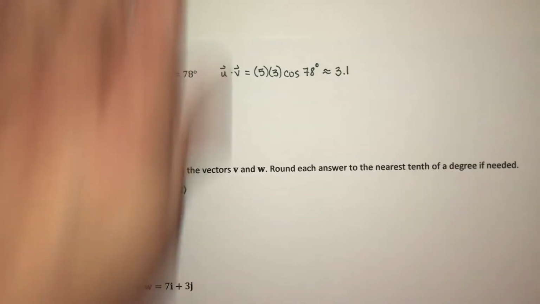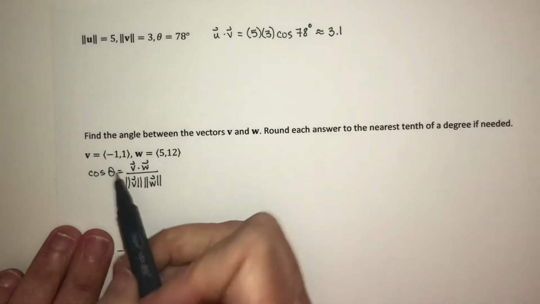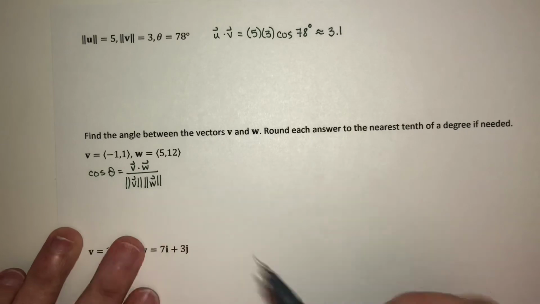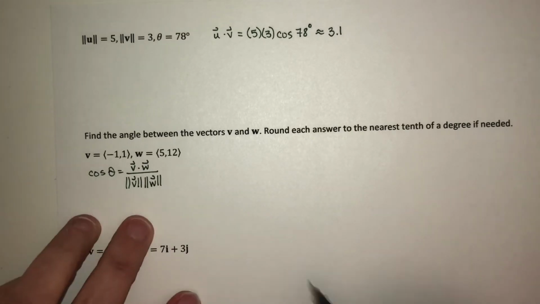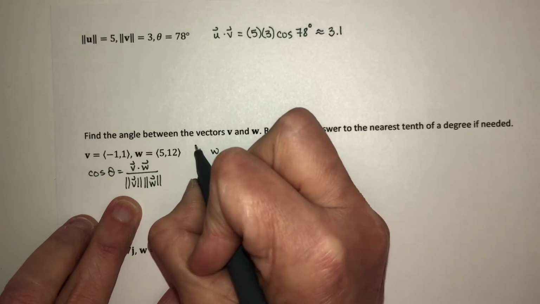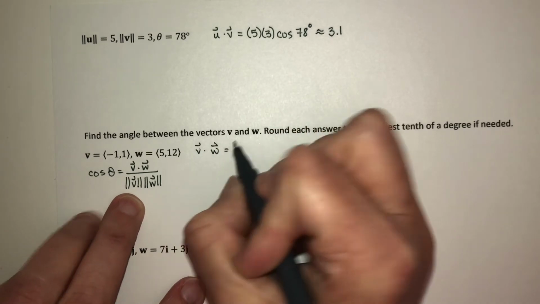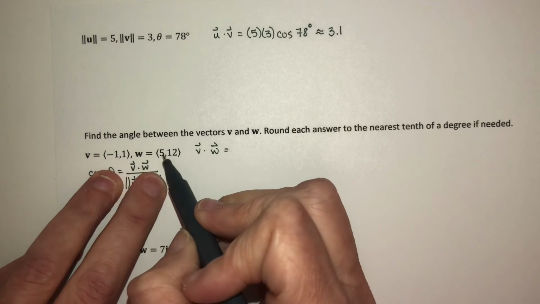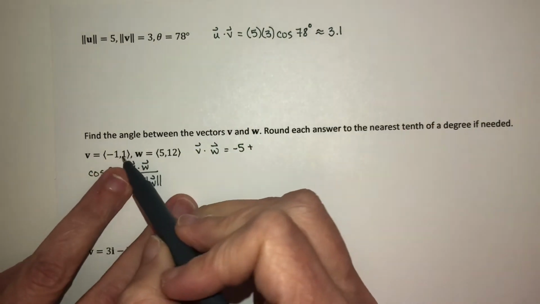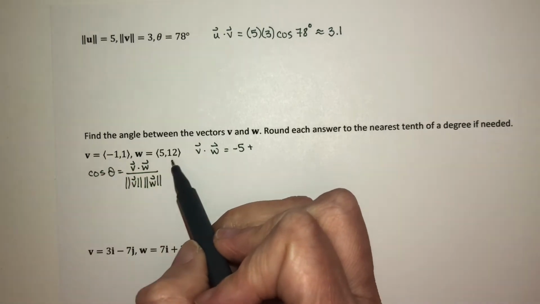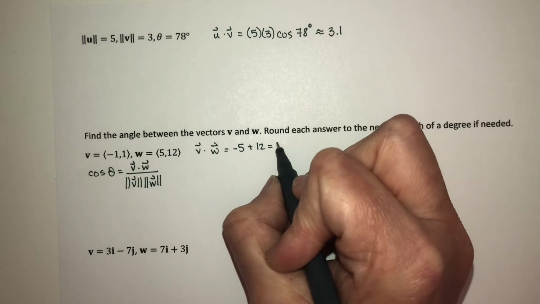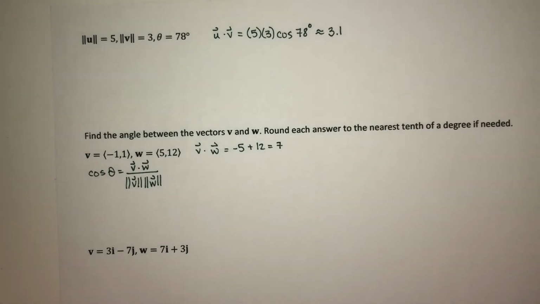And then we'll be able to take inverse cosine of this to find our theta. So let's start off with v dot w. And this will be -1 times 5, -5, plus 1 times 12, which is 12. So this will be 7.